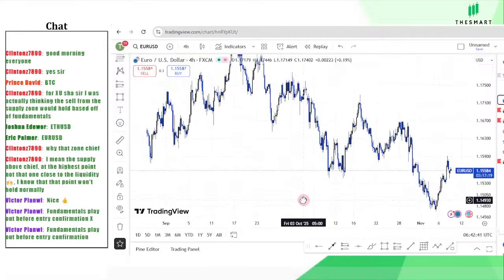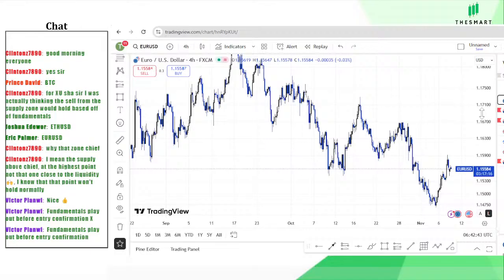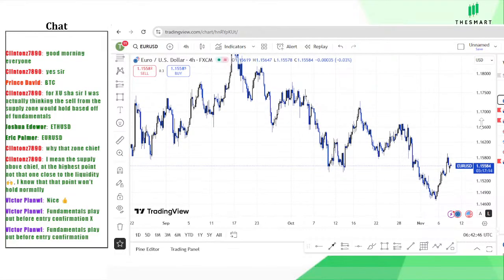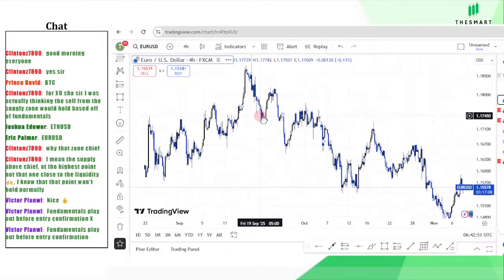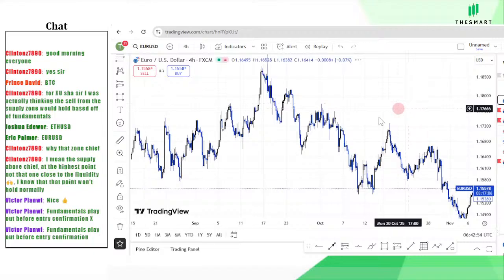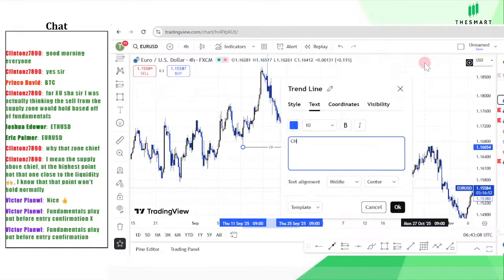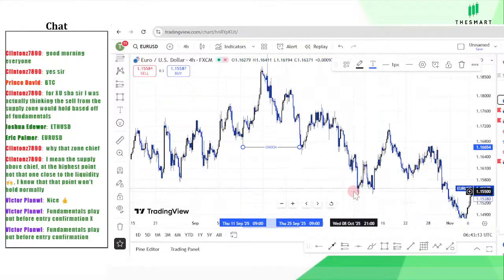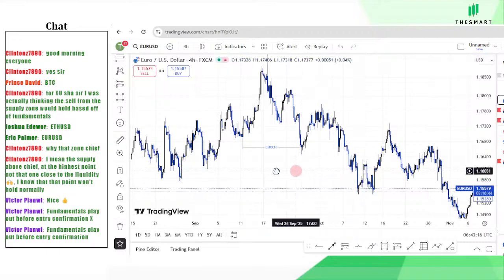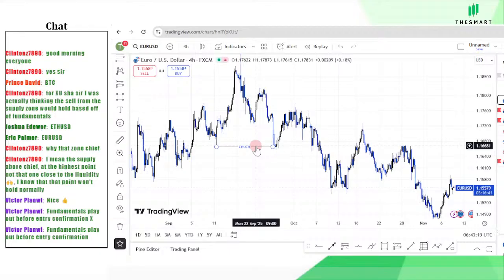Okay, so looking at EU from this level, let's look at where the sell is coming from. We have this here. So at this point, we have a change of character. No, let me check that. Sorry.